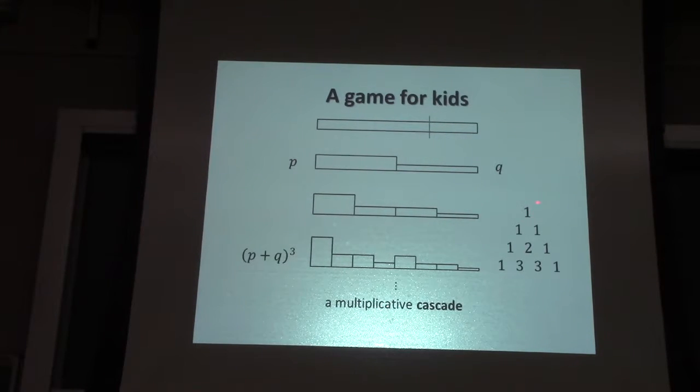There is one, which is the initial bar of molten clay. There is one P and one Q. There is one P squared, 2 PQ, and 1 Q squared. There is one P cubed, 3 P squared Q, 3 PQ squared, and 1 Q cubed. And so on. This continues forever.